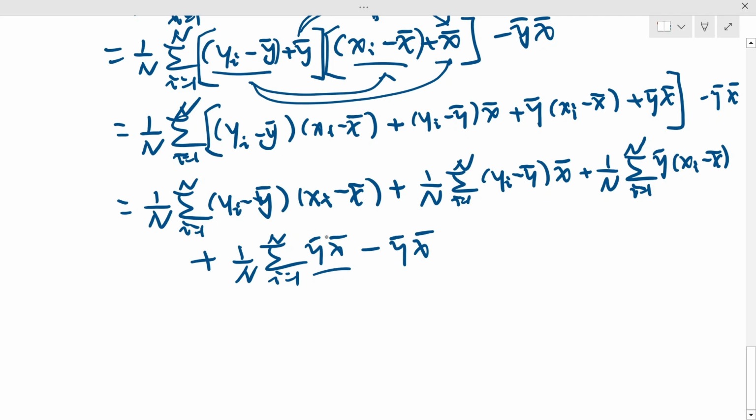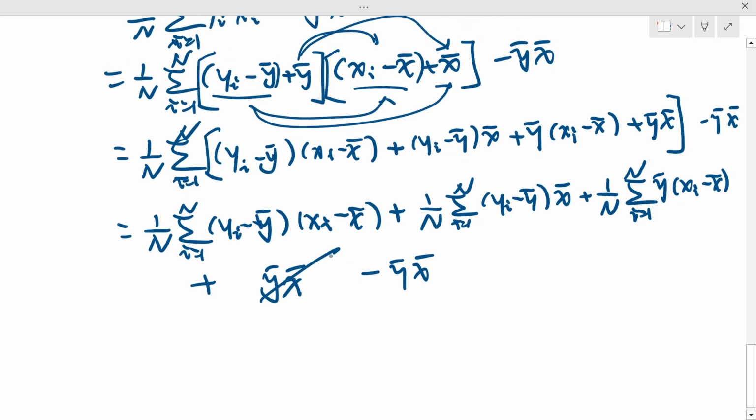We can pull it out. And we have one left, y bar x bar. And the sum of this is n, which cancels out with this n. So in the end, we actually have y bar x bar. And this cancels out with this.